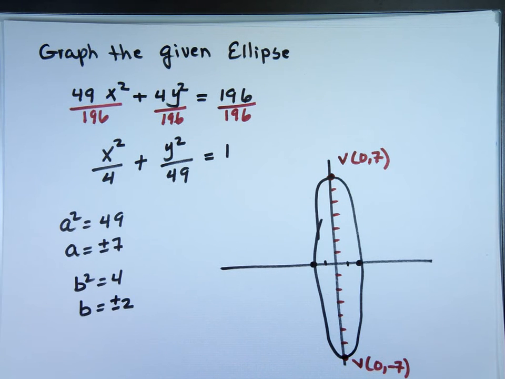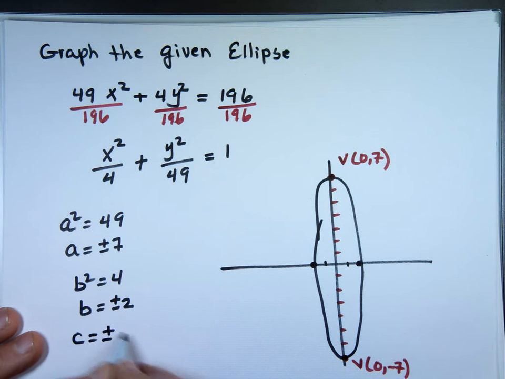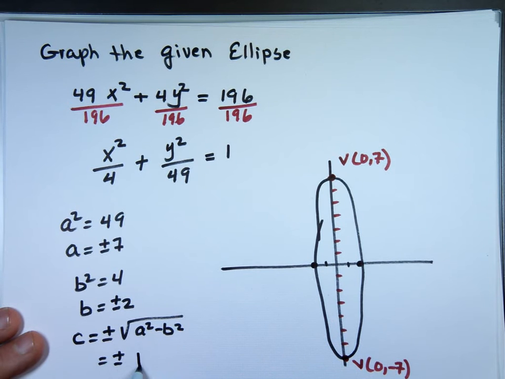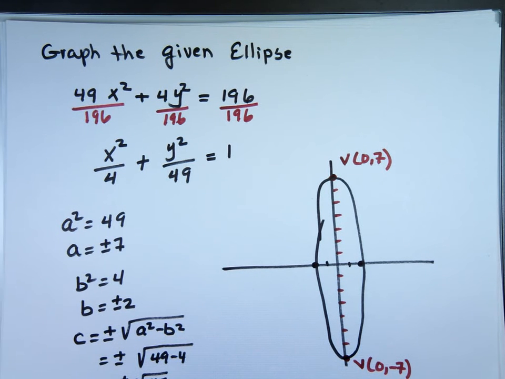I want to get the focal point. That means c equals plus or minus the square root of a squared minus b squared. 49 minus 4. The square root of what? 45. Here's the bad news. Your book is probably going to make you calculate this, but give the exact answer.